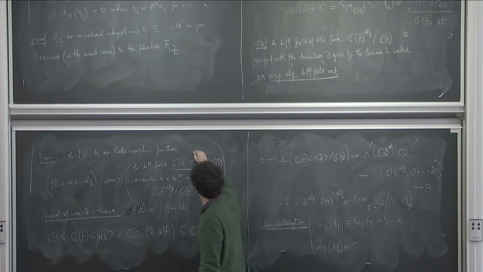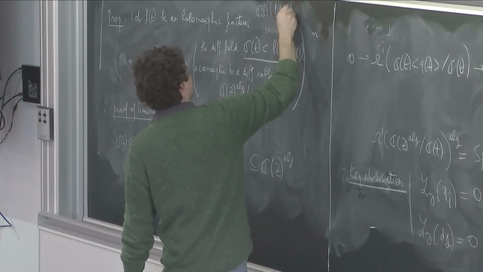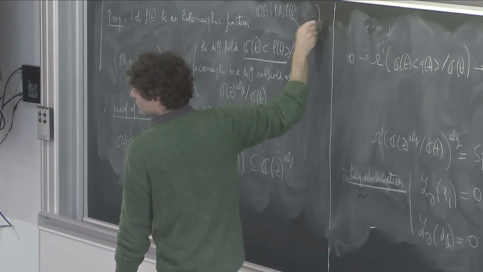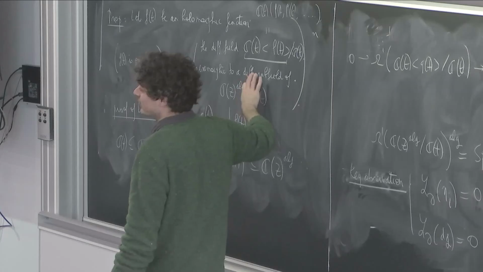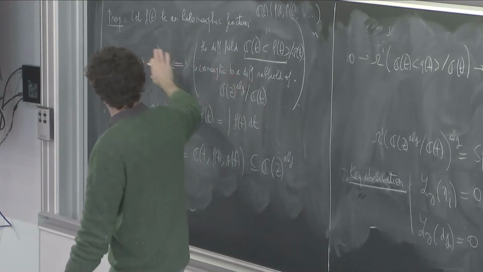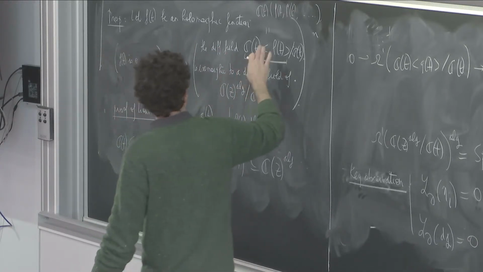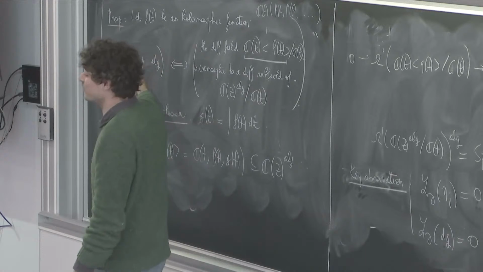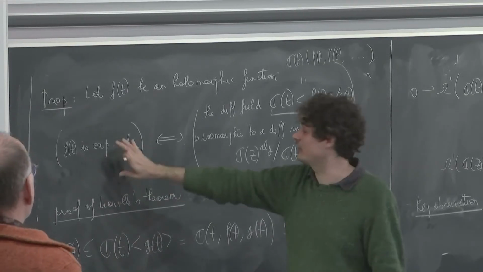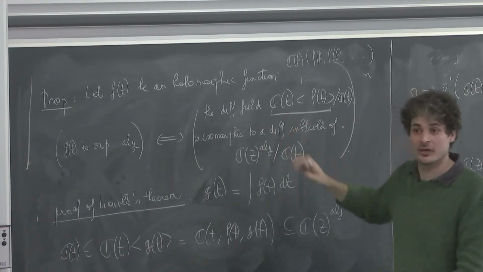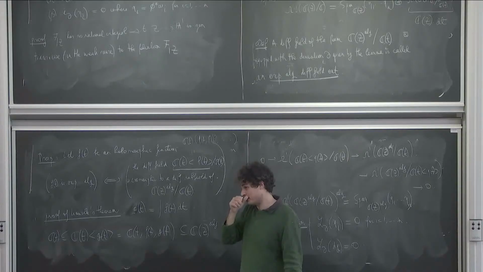So this is C of t, f of t, f prime of t, and all derivatives. Since this is finite dimensional, one consequence of this characterization is that exponentially algebraic functions are stable by derivation, and they are all differentially algebraic. You can read this directly from this proposition. Thank you.